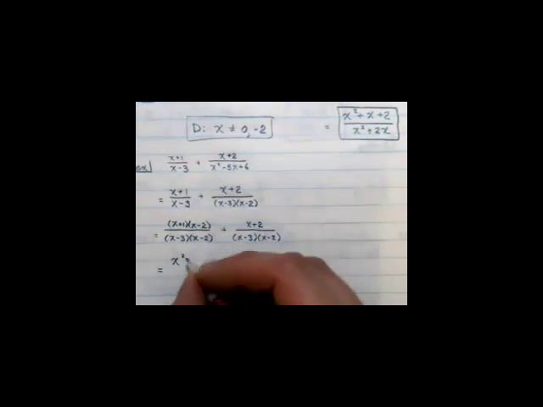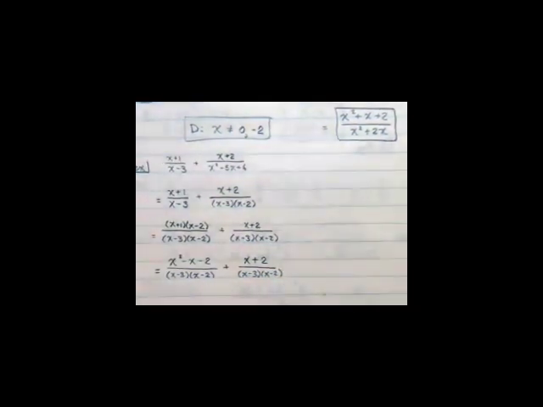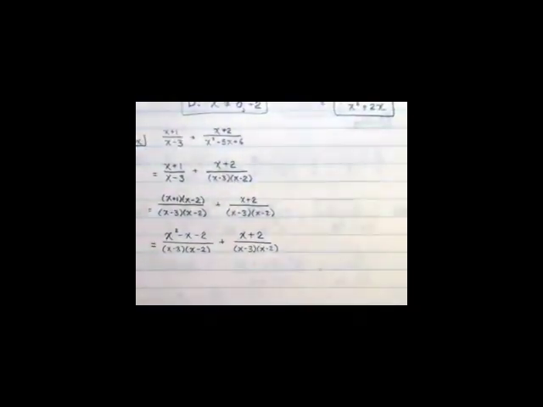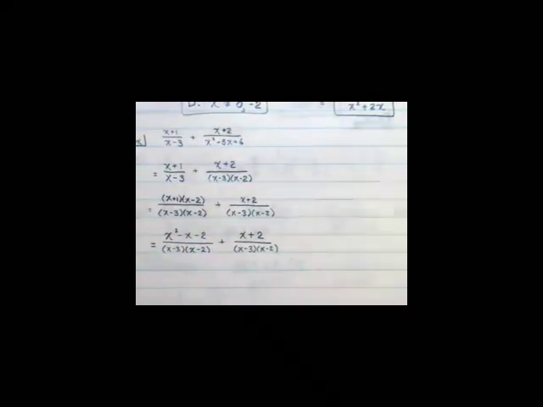So that would be x squared minus x minus 2, it looks like. Okay, and now we're ready to actually go through and add everything up.